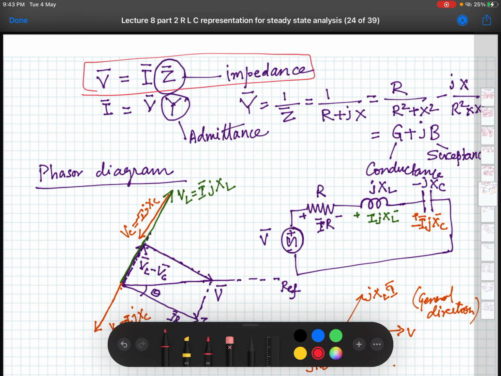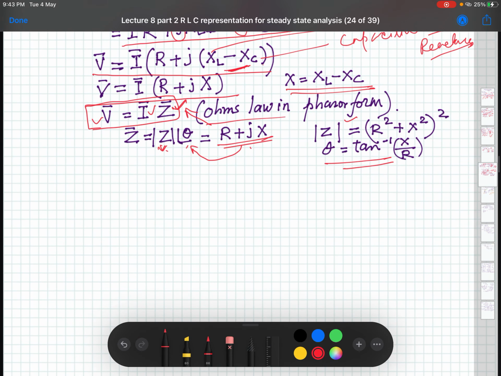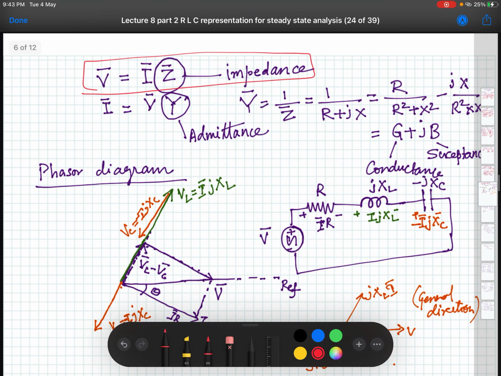V is equal to IZ. You can call it Ohm's law in phasor form. V is equal to IZ, or the other way around, you can write I is equal to V times Y, where Z is called impedance and Y is admittance, where admittance Y bar is equal to 1 by Z bar, and that is sometimes put in the form G plus jB.